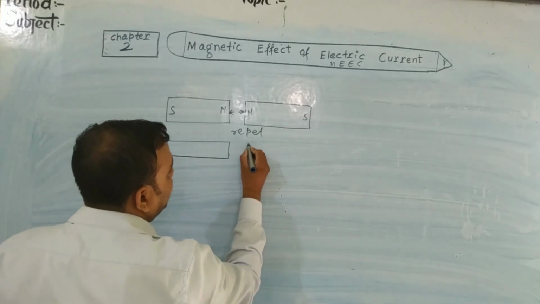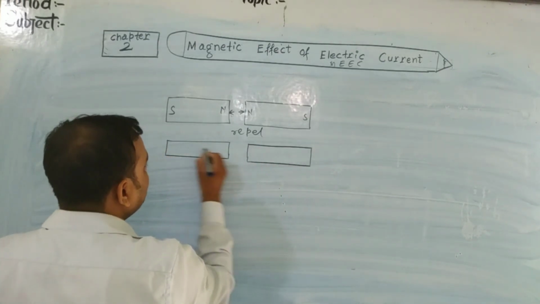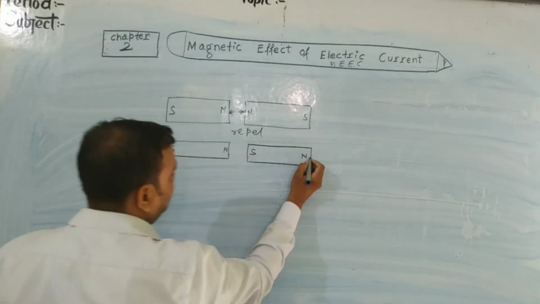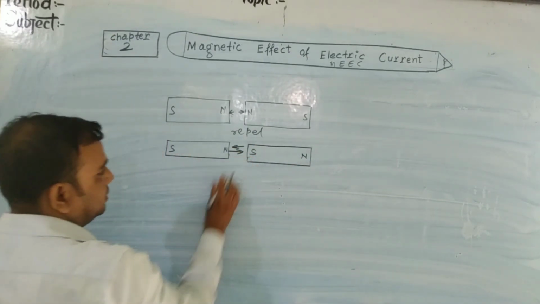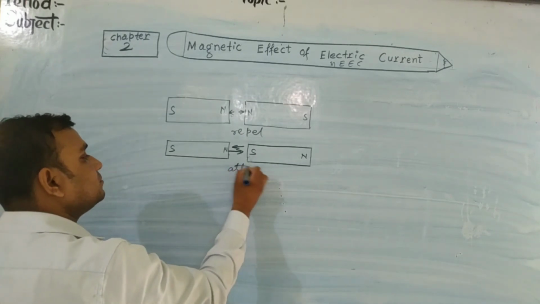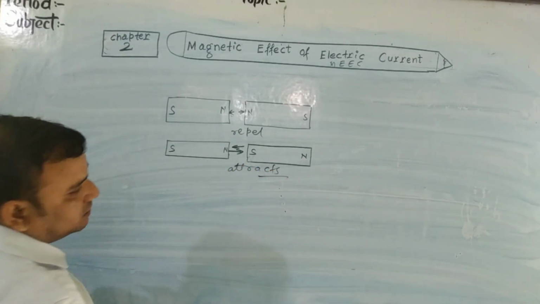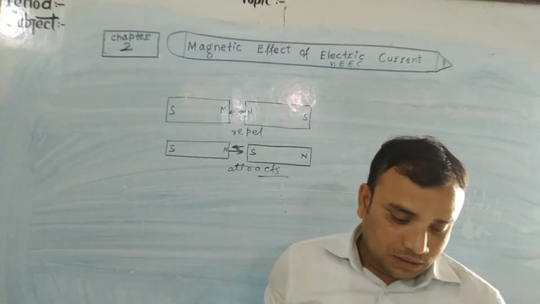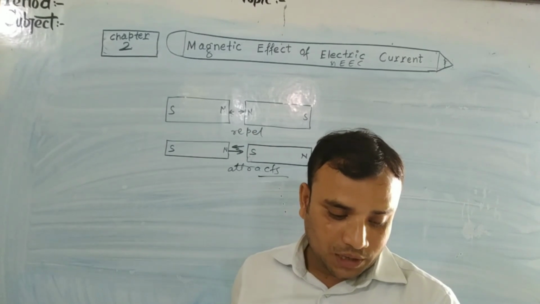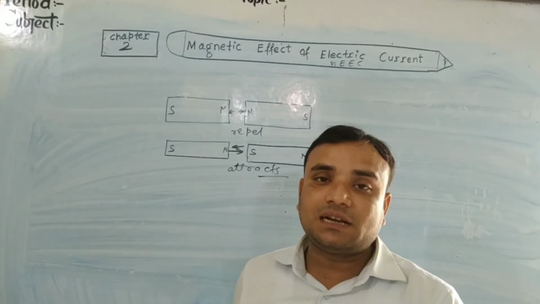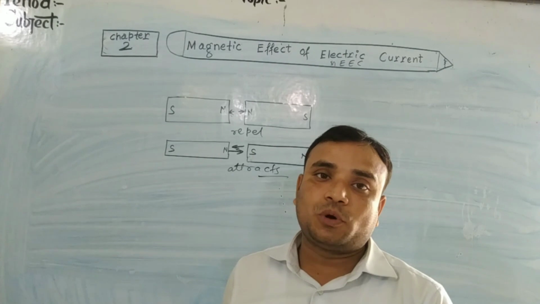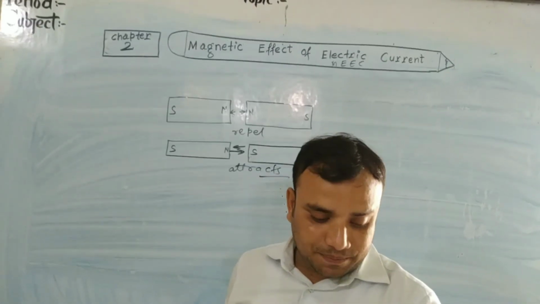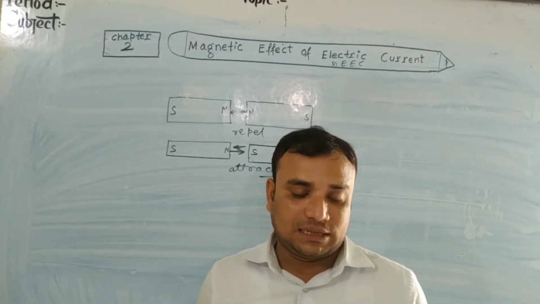If the bar magnets are placed with south pole facing north pole, then they attract each other. That means like poles repel each other, whereas unlike magnetic poles attract each other.